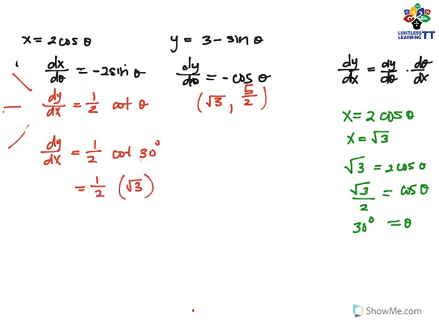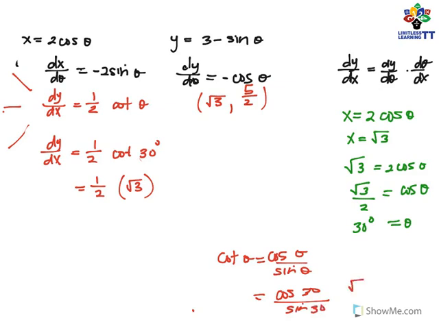Now, if you did not know that cotangent of 30 degrees was square root of 3, remember that cotangent of theta is the same thing as cos theta over sine theta. So you could have found cos 30 degrees over sine 30 degrees.